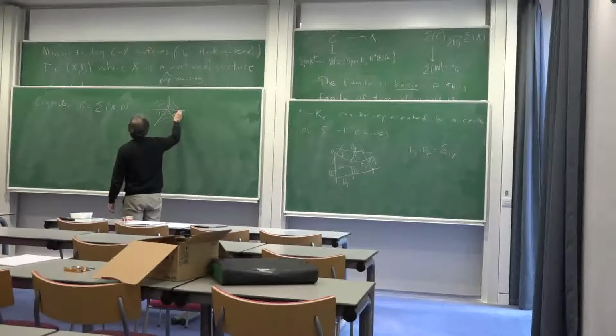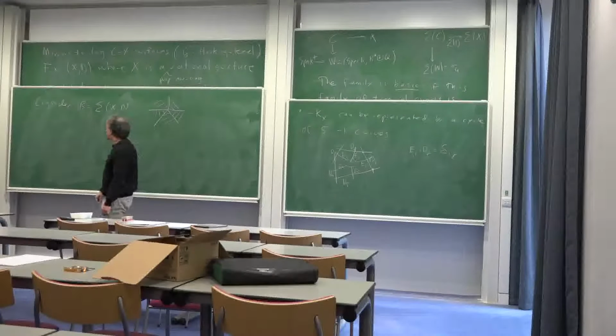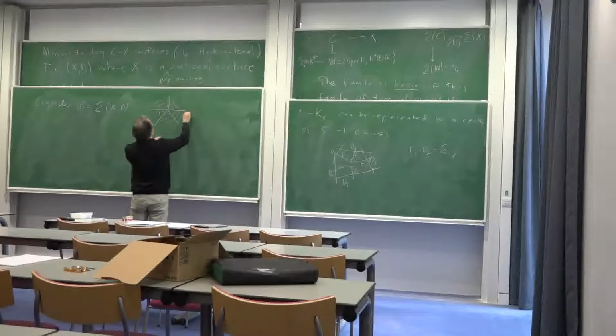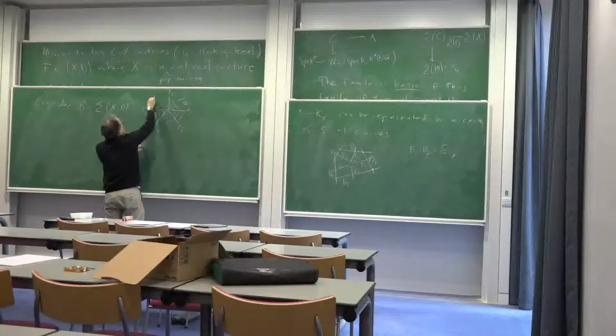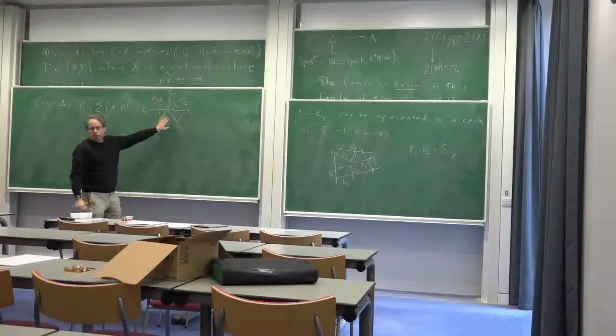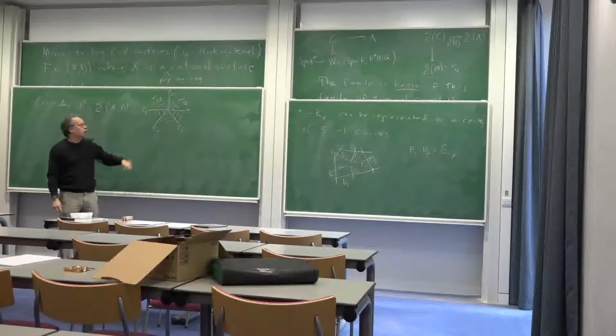And right now, this is just an abstract cone complex. And let me label these rays and label the two-dimensional cones, sigma_{1,2}, sigma_{2,3}, and so on. I'll always use indices modulo 5.